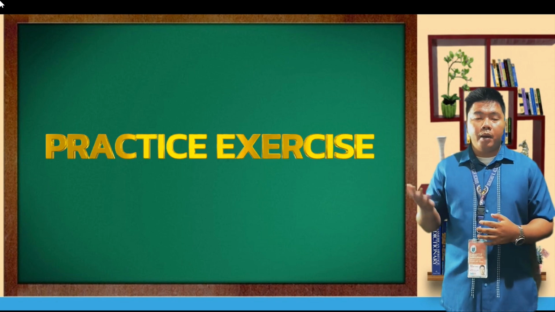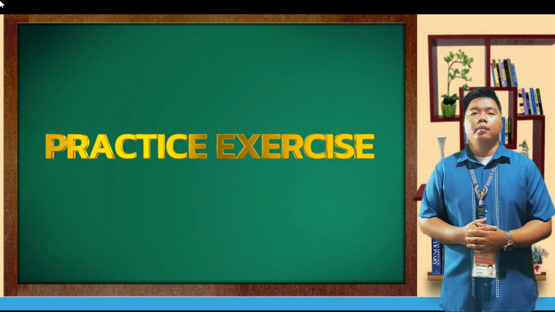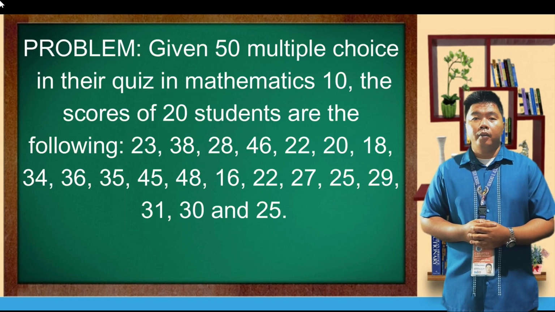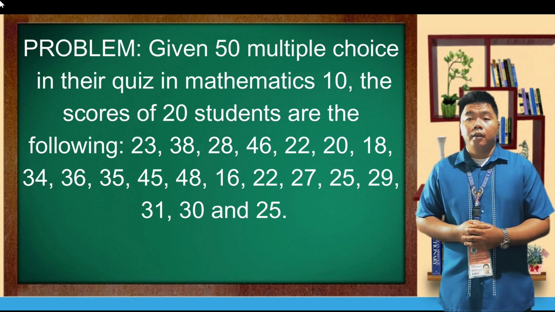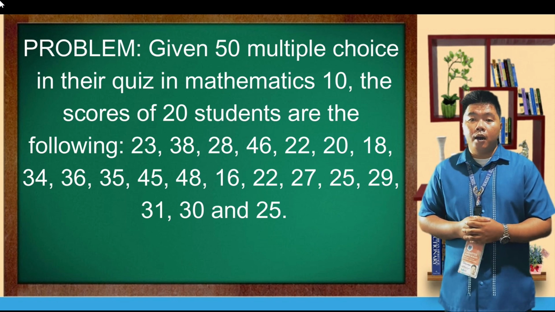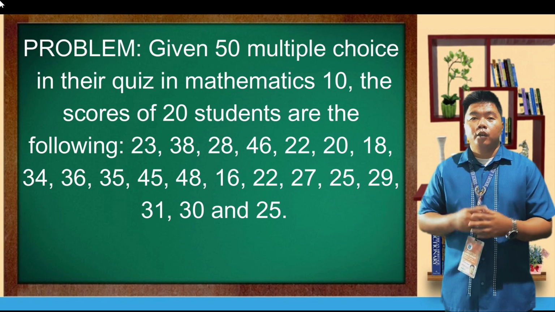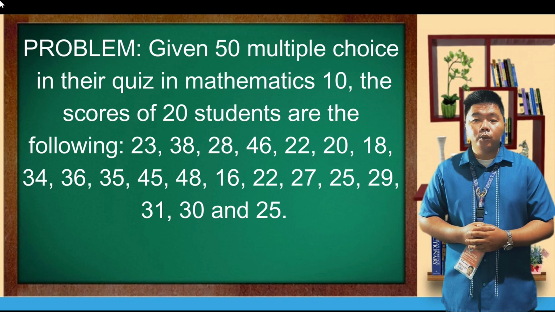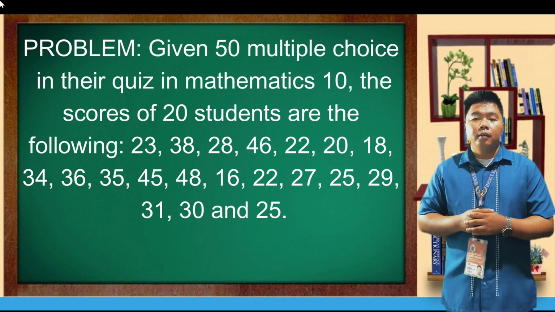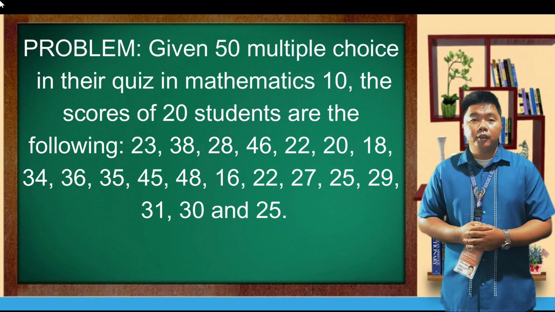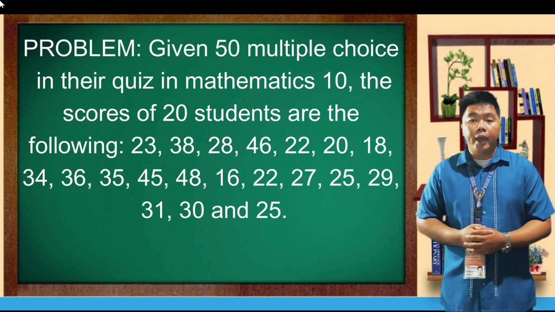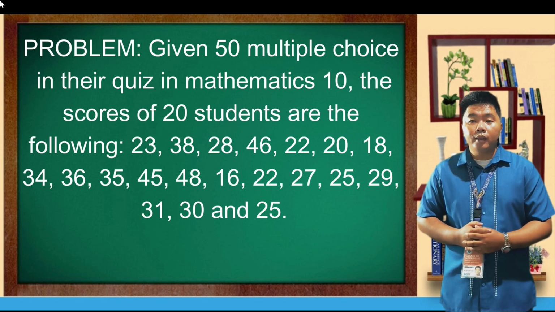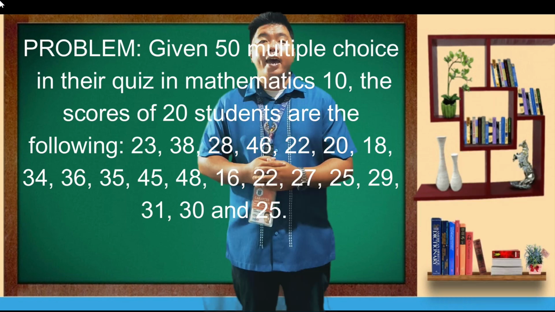Okay learners, so let's check your understanding on the lesson on Mendenhall and Sincich method. So I have here a practice exercise for you to answer. So the problem, given 50 multiple choice items in their quiz in Mathematics 10, the scores of 20 students are the following: 23, 38, 28, 46, 22, 20, 18, 34, 36, 35, 45, 48, 16, 22, 27, 25, 29, 31, 30, and 25.